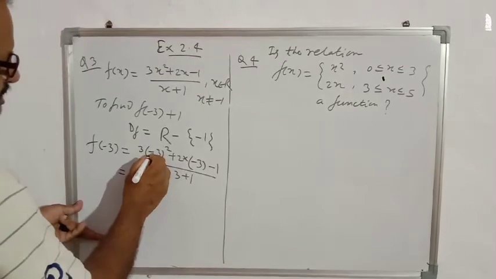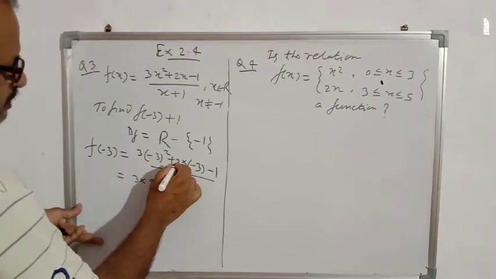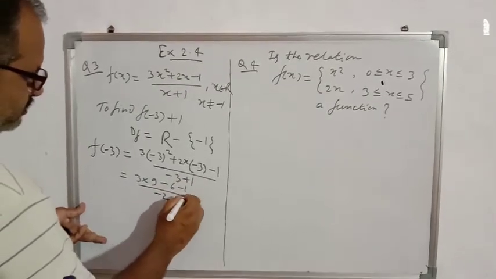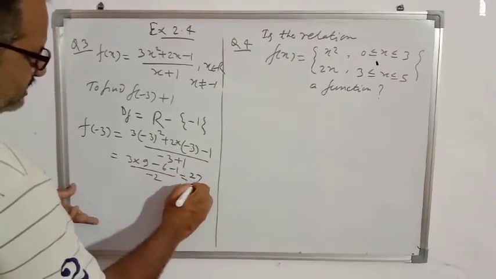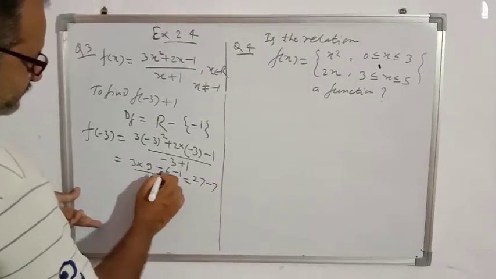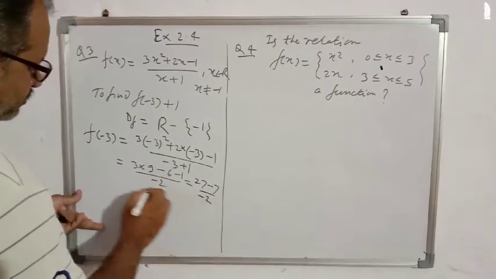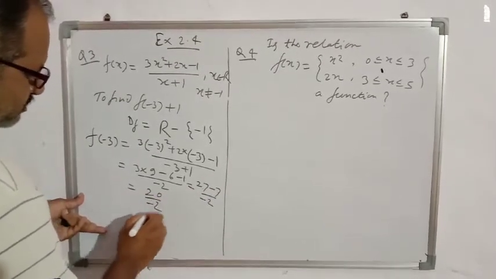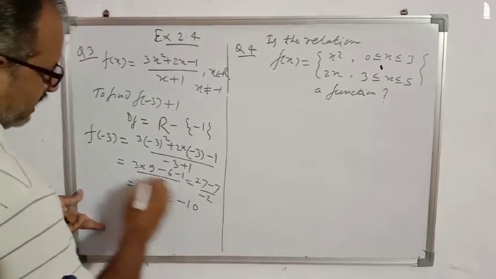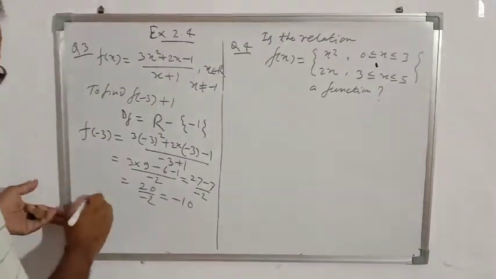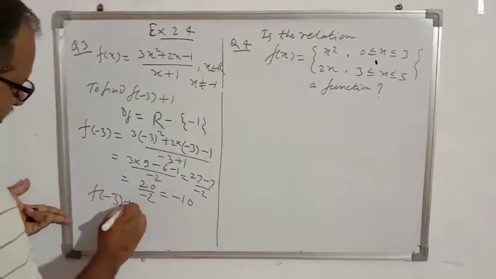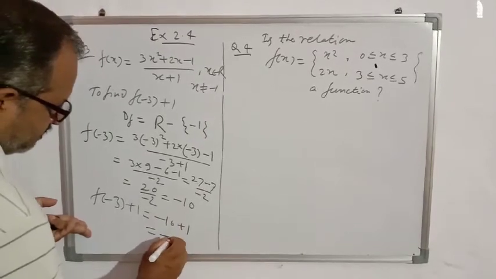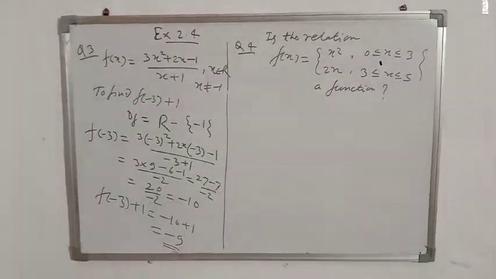So (-3) square means 9. 2 into -3 is -6, minus 1. -3 plus 1 is -2. 9 into 3 is 27, minus 7, upon -2. 27 minus 7 is 20 upon -2. We can divide it, so it will come -10. So we have to find f(-3) plus 1. f(-3) is -10 plus 1. It will come -9. So this is the answer, -9.